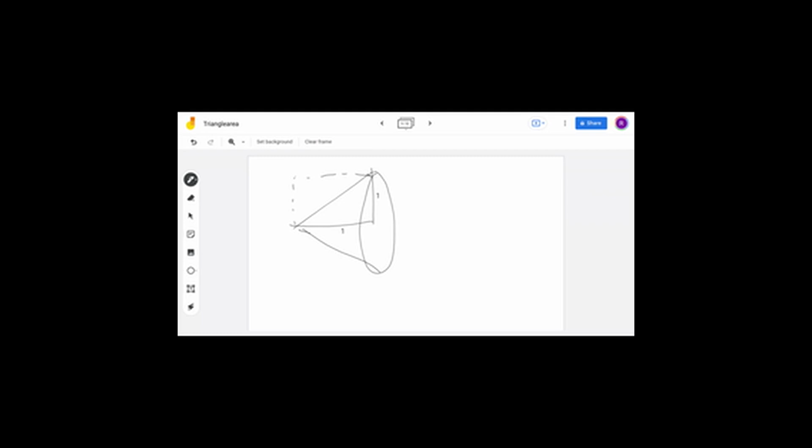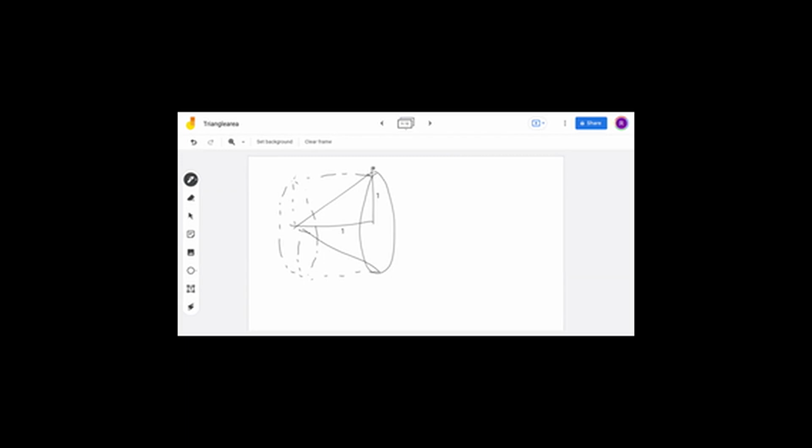Cylinder, sir. Cylinder, exactly. So if I rotate the 1 by 1 square around the horizontal axis, I will get a cylinder. So I will get something like this. I'll get this cylinder, right?